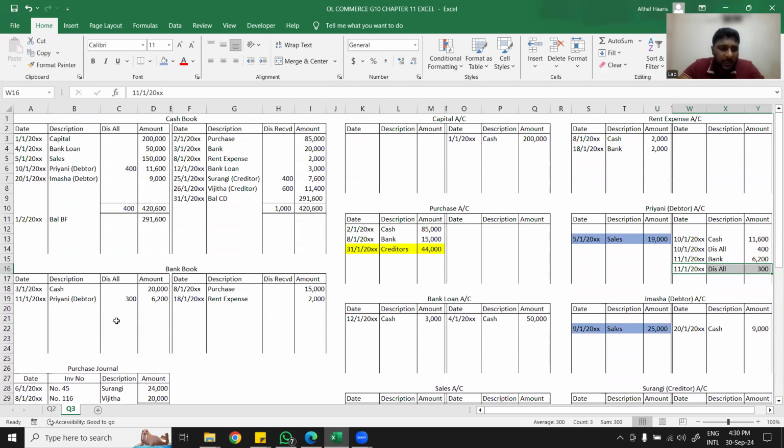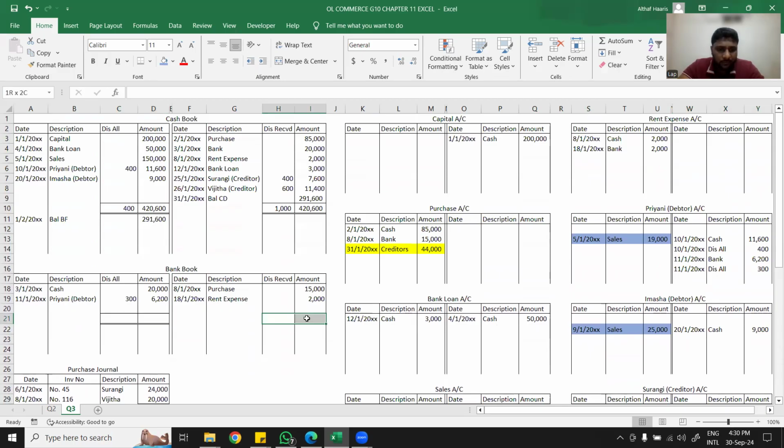So let's balance it, Lama. 9,200. Balance CD.